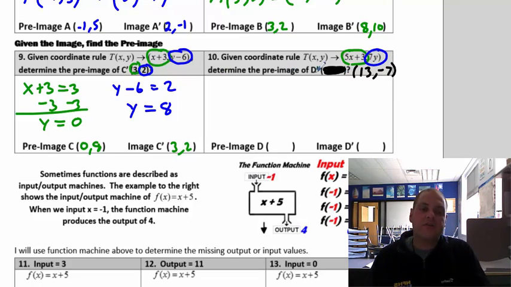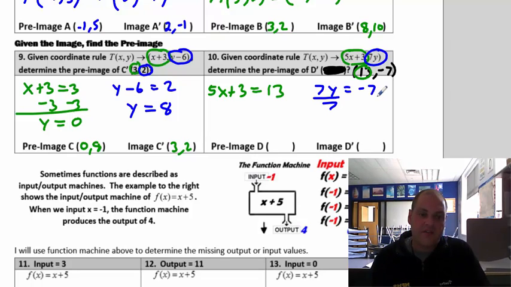So determine the preimage of D prime 13, negative 7. That's what I wanted to do. I just remembered it before I was doing that. Okay, so 5x plus 3 then equals 13. And then 7y equals negative 7. All right, that solves a little better. Divide by 7, y equals negative 1. And then subtract 3, 5x equals 10.